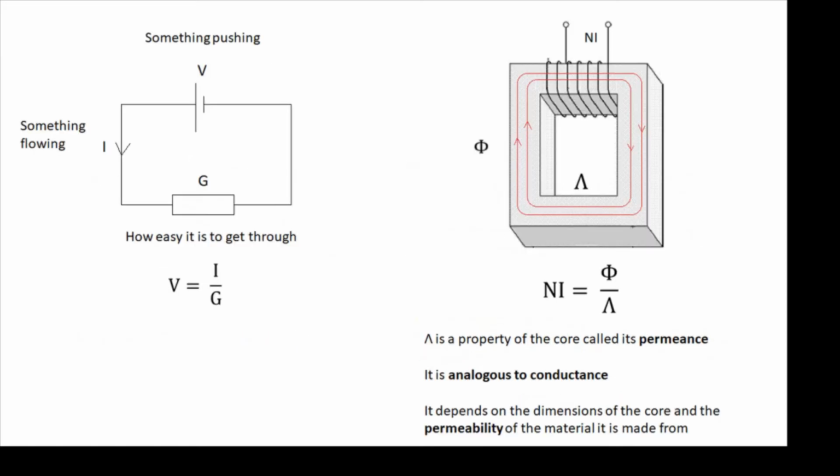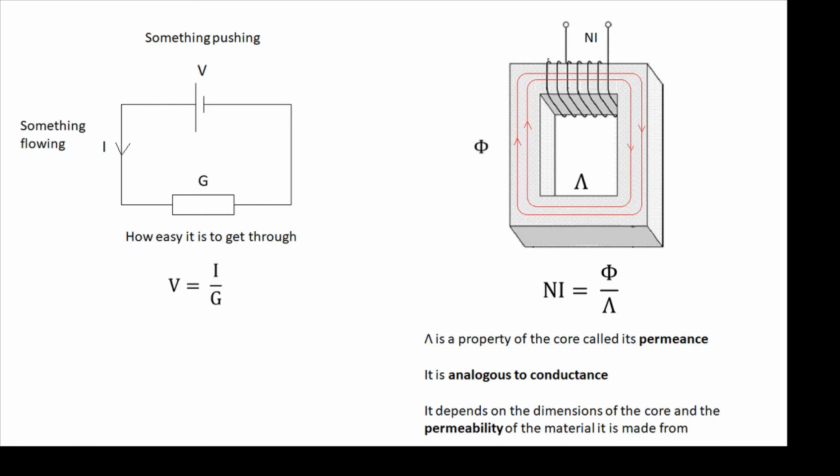This is very important. This is an analogy between an electrical circuit and a magnetic circuit. On the left-hand side is my electrical circuit. In both circuits, we have something pushing. On the left, we've got voltage, EMF, pushing, and it pushes the current, and the current flows through a conductor.